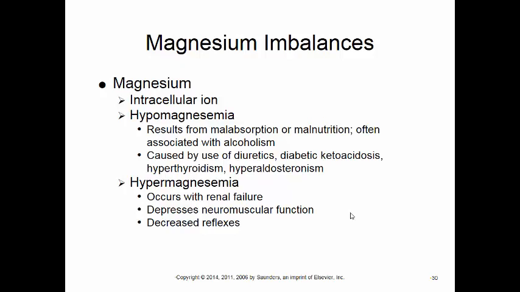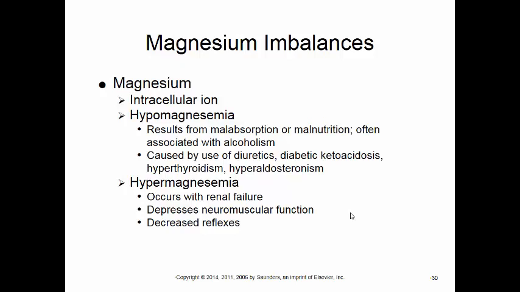It can be associated with alcoholism, and it also can be caused by the use of diuretics, which are water pills that cause us to get rid of more urine, diabetic ketoacidosis, hyperthyroidism, and hypoaldosteronism. All of these are going to cause excess urination and a loss of the magnesium.